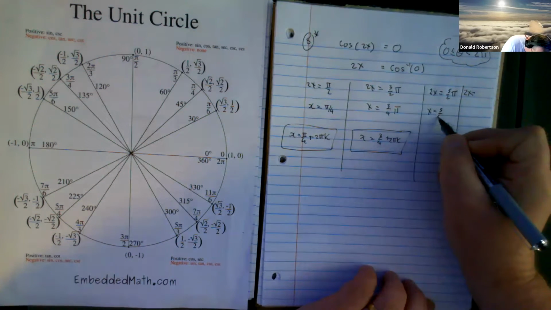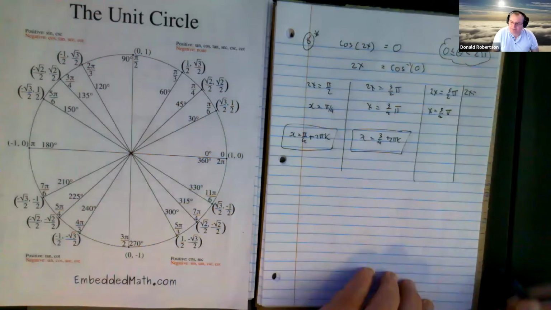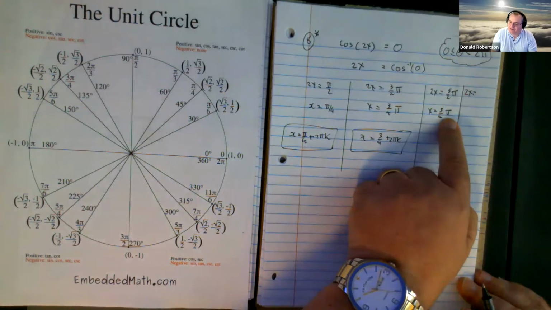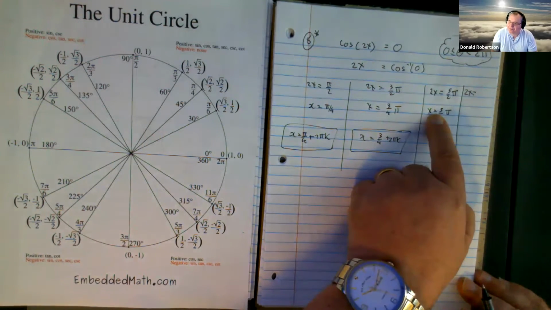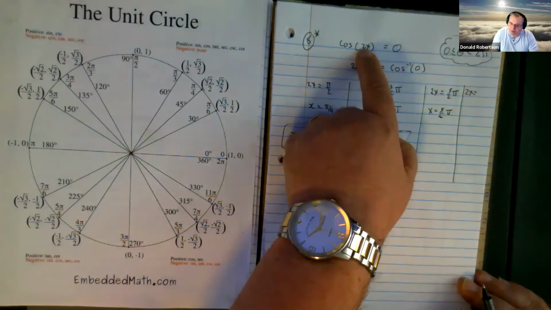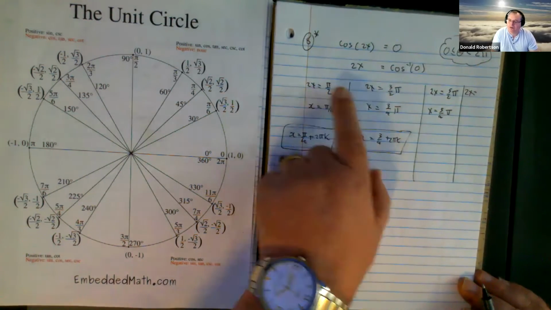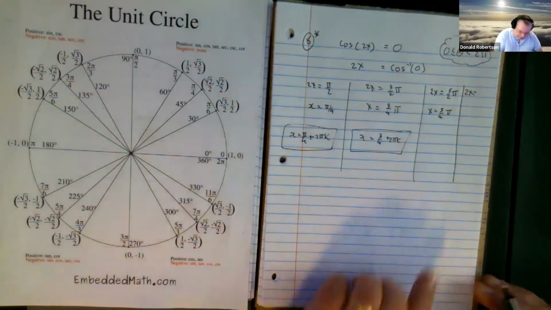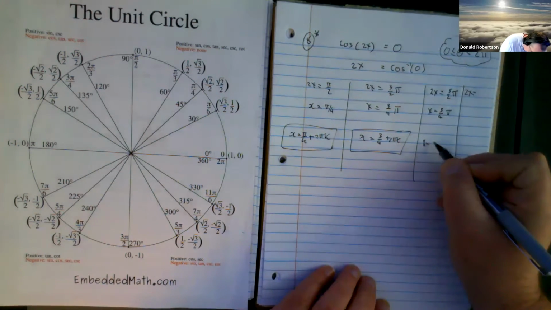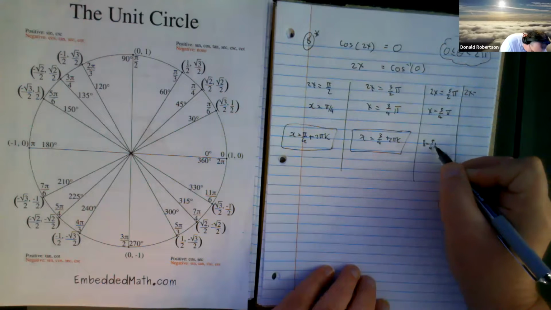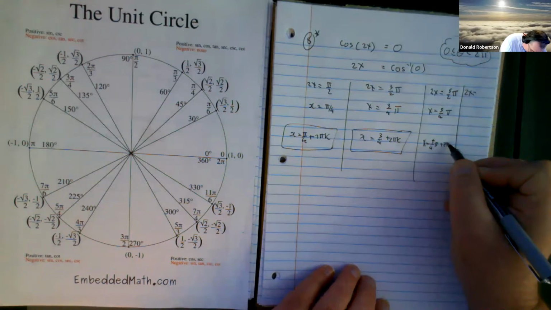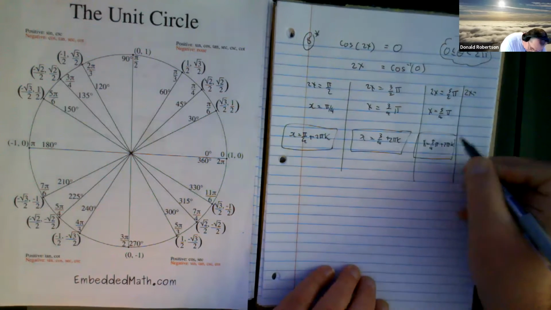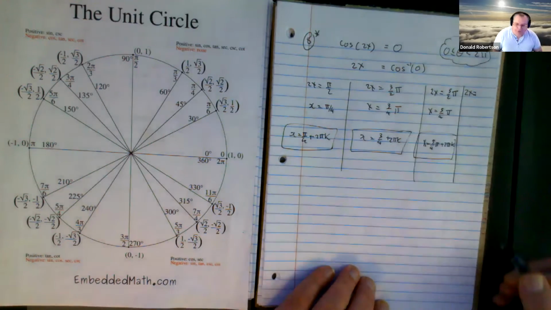And isn't 5/4 pi inside the unit circle, right? It's not that 2x needs to be in the unit circle. It's that the x's need to be in the unit circle. And so there is our third answer. So who's the last one?